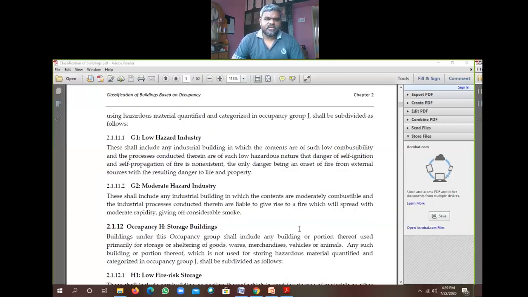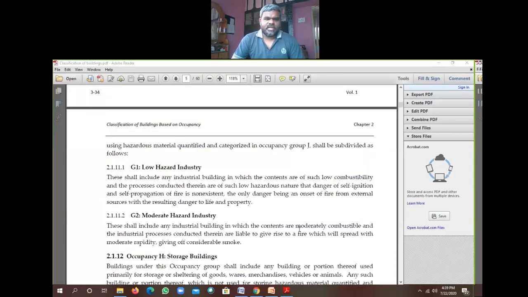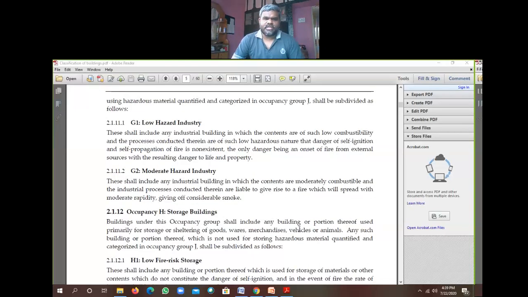Next is G1. Again, you can say low hazardous, moderate hazardous, right? So low hazardous means they shall include buildings with contents of low combustibility, and the processes conducted therein are of such low hazardous nature that there is no danger of self ignition or self propagation of fire.